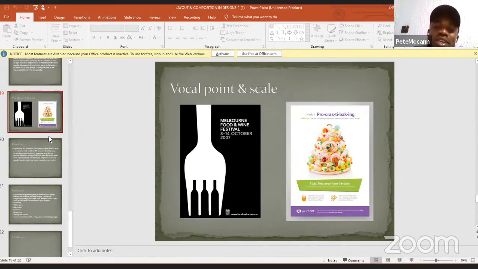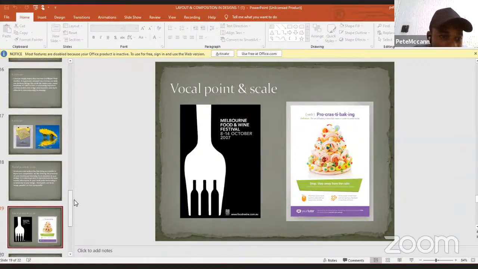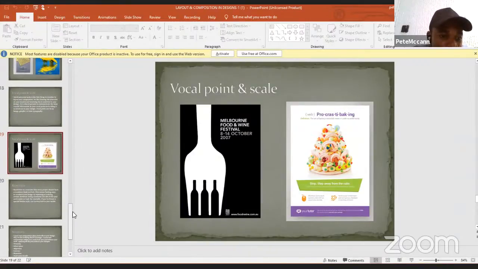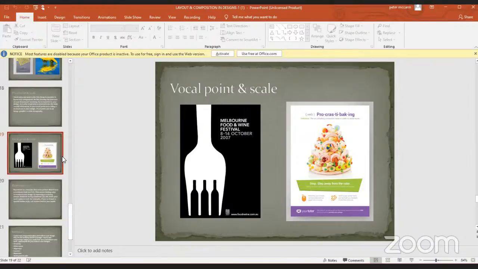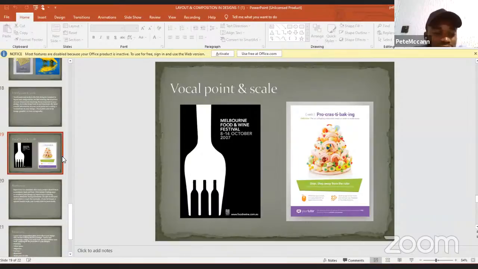What are the things you need to take first before you consider designing? Anybody? What are the basic principles in design? The first thing you need to think of before you start the design.